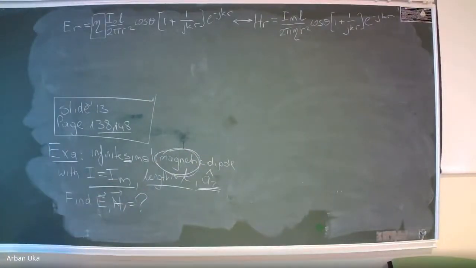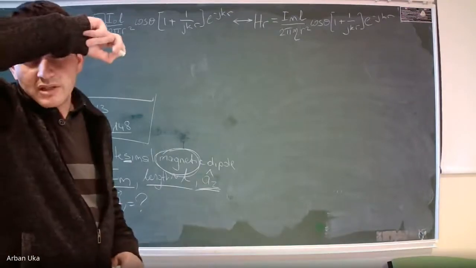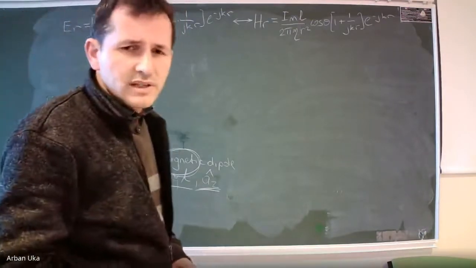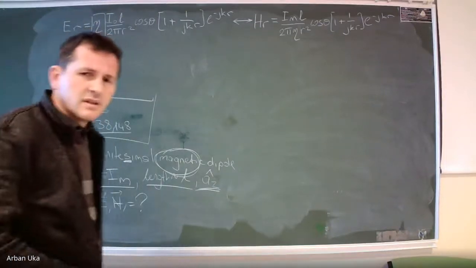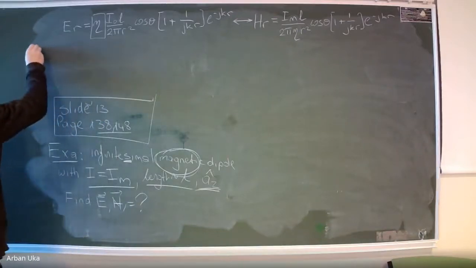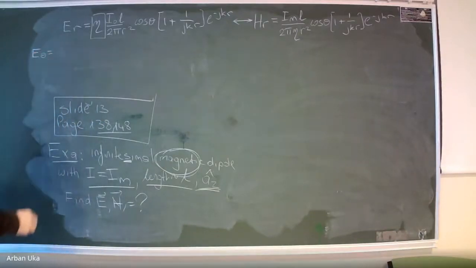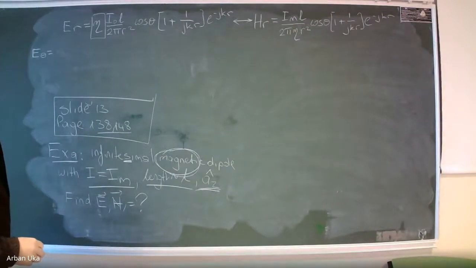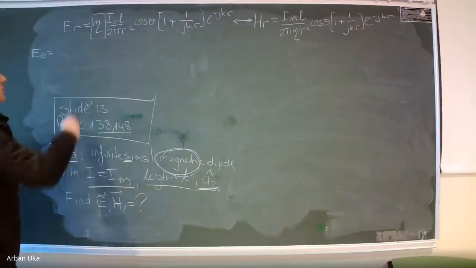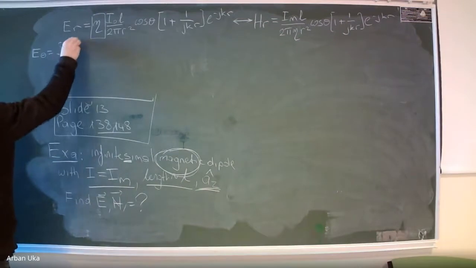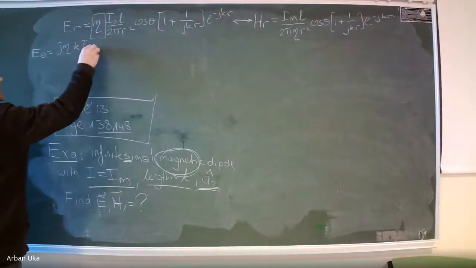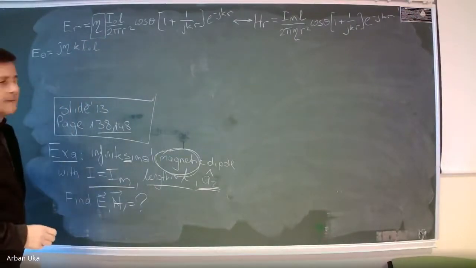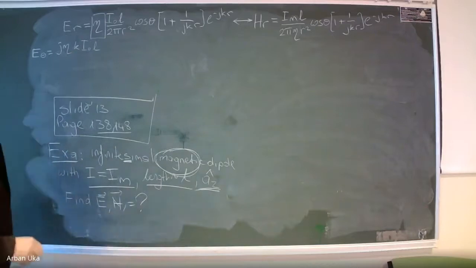Now the next expression we want to find, let's see what we have for the previous case. From slide 13 of last session's equations, we have the expression for E theta. E theta is equal to j intrinsic impedance k I0 L, where I0 is the current times the length scale of the antenna, and k is equal to 2 pi divided by lambda.